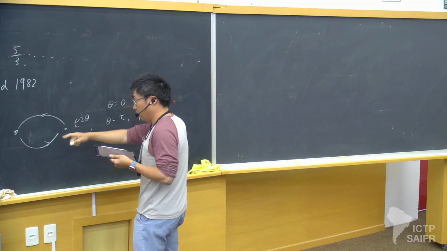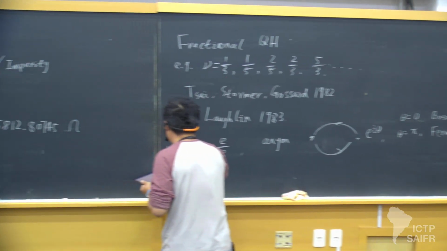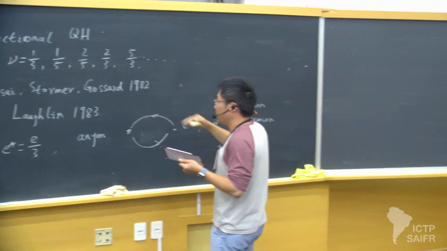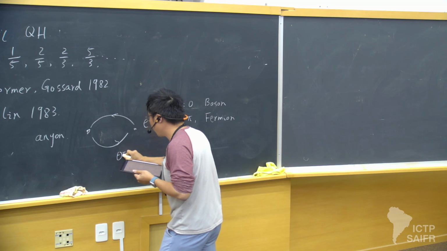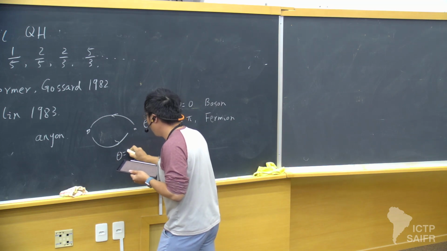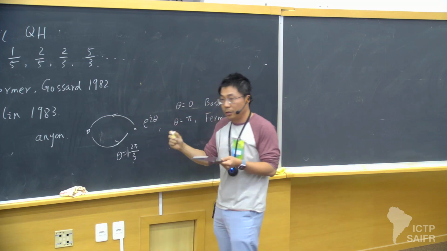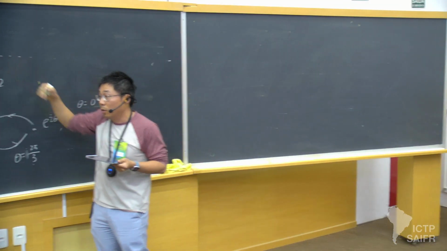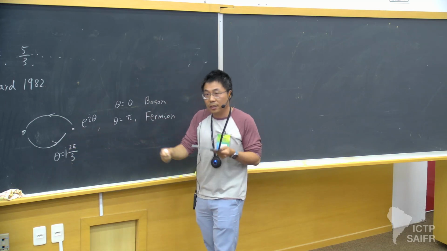And for the 1/3 Laughlin state, I should specifically say that this is the 1/3 Laughlin state, this θ goes to 2π/3. And this is the so-called fractional statistics. For each different fractional quantum Hall state, you will end up with different statistical angles.